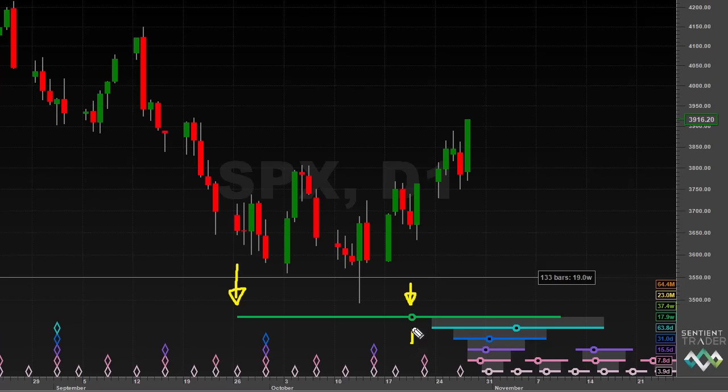As you can see, this 20-week cycle trough was expected over here in about the 3rd week of October, only in fact 1 week after this low price point occurred. The whiskers that extend to each side of the circle represent the reasonable range of time in which the cycle trough could occur, and you will notice that this whisker extended all the way here to the end of September.